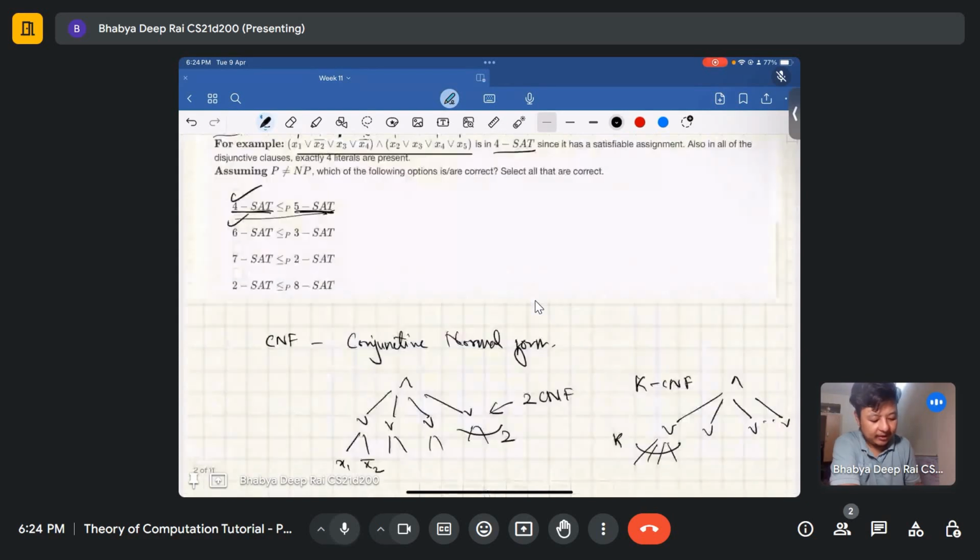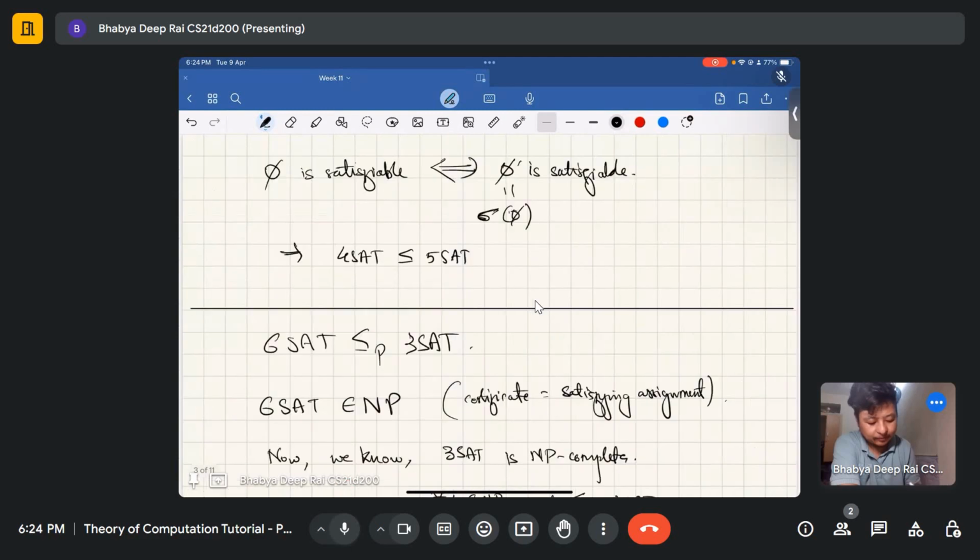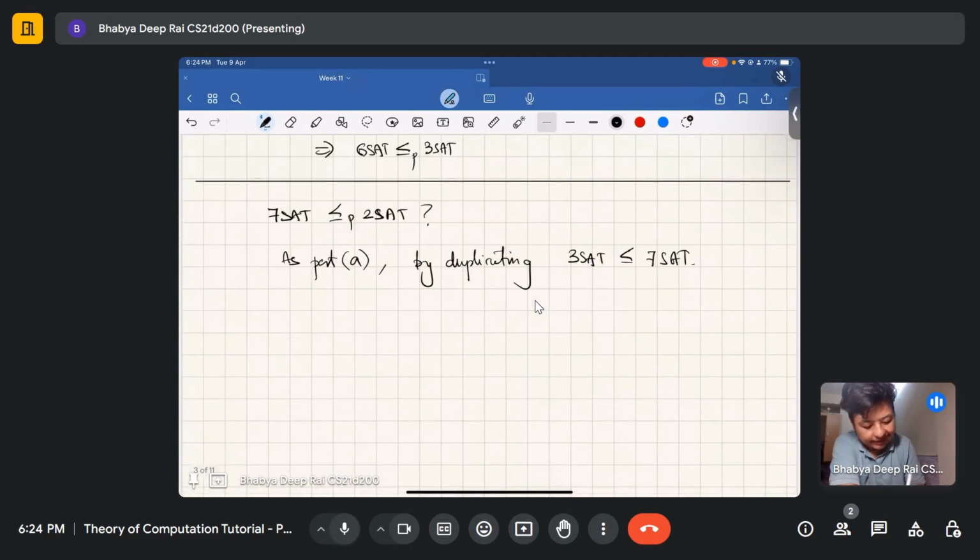What is the logic here? Here we use the logic of duplicating. The idea is to pick any literal in a clause and duplicate it.